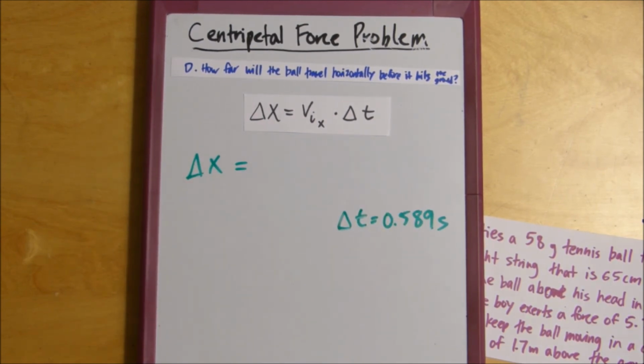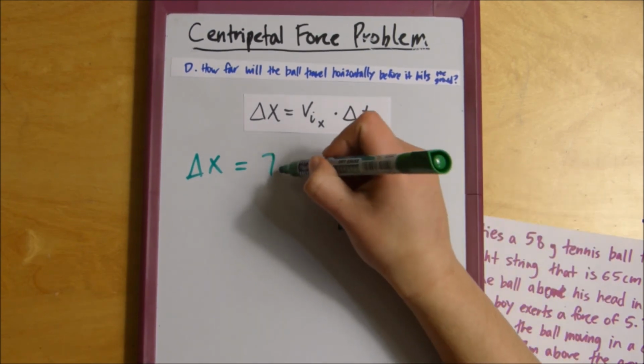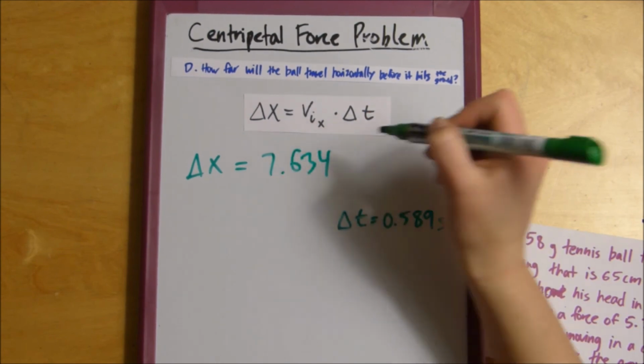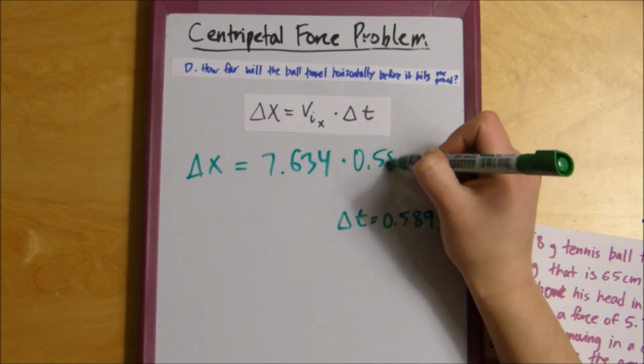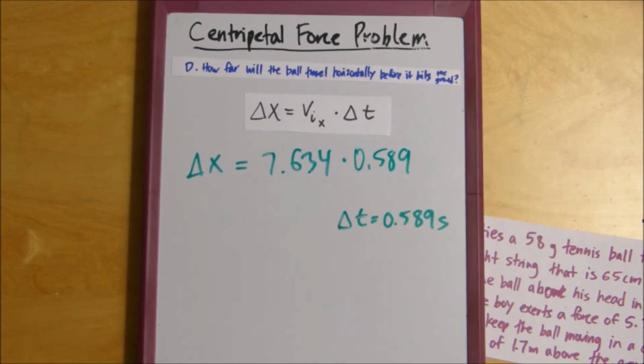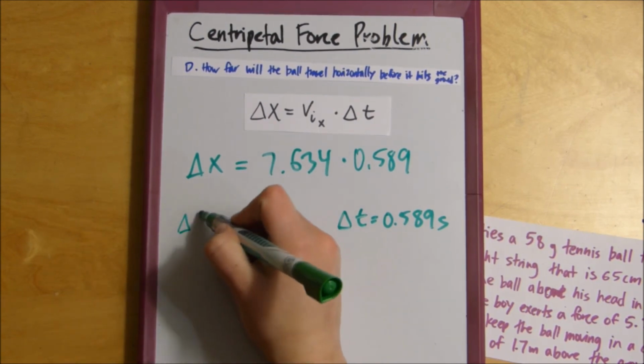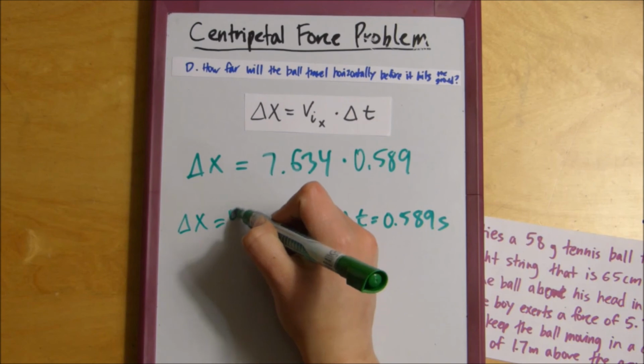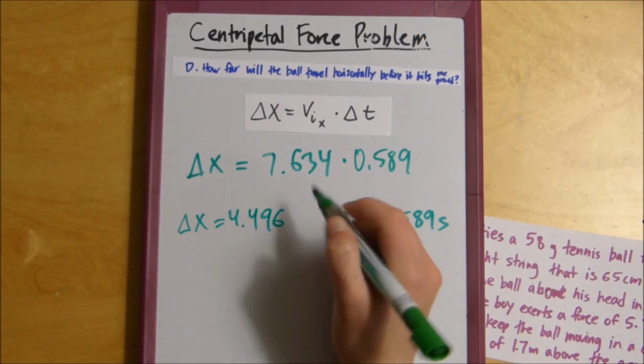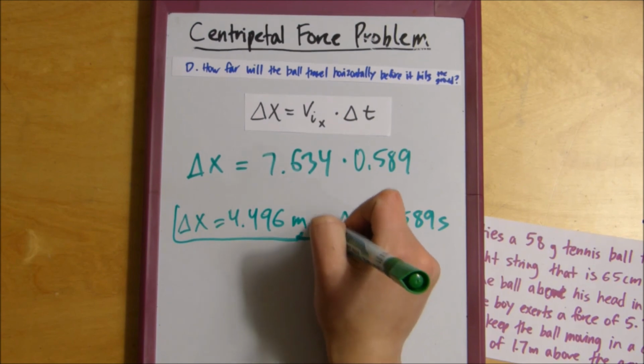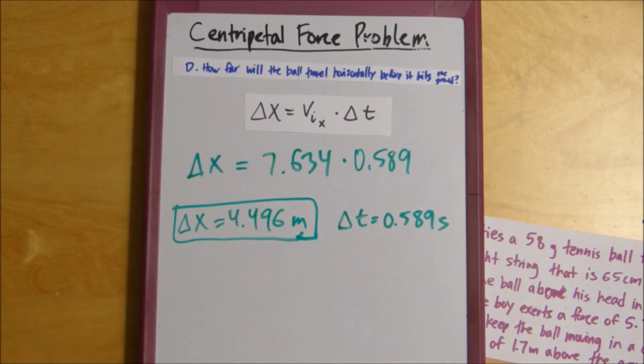The initial horizontal velocity is what we solved for in part A, the speed of the ball, which was about 7.634. We multiply it by this number, 0.589, and we end up getting that our delta x is about 4.496 meters. Alright? So that is how you solve centripetal force problems.